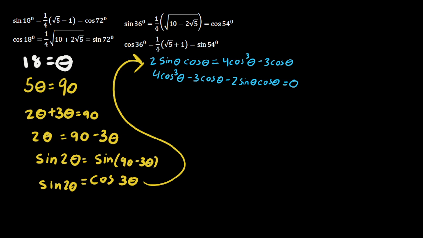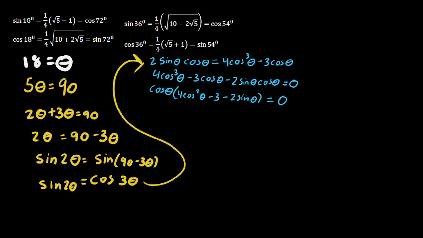And if we just take all the cos out of these three, we get cos theta multiplied by 4 cos squared theta minus 3 minus 2 sine theta equals 0.